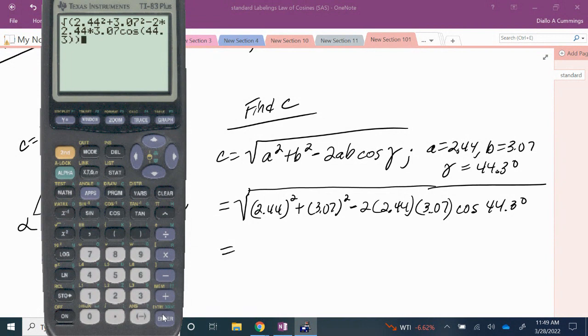Close off my argument for cosine, close off my argument for the radical, and we get 2.15. I'll leave that on the screen for just a second. And if we were to round to the nearest tenths, I believe we would have 2.2.